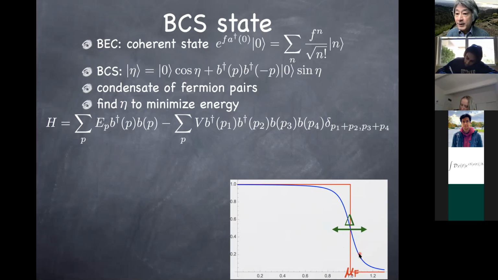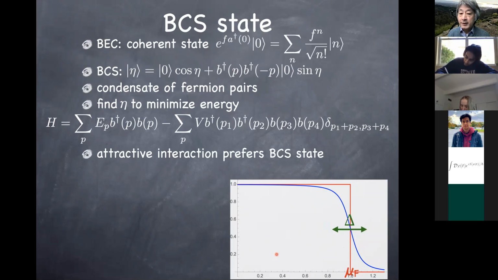These states are only partially vacant. So you are smearing around the Fermi energy. And that turns out to be the low energy state if you actually work out the variational principle. So an attractive force among the fermions would actually prefer this BCS state over the step function state of the Fermi liquid.